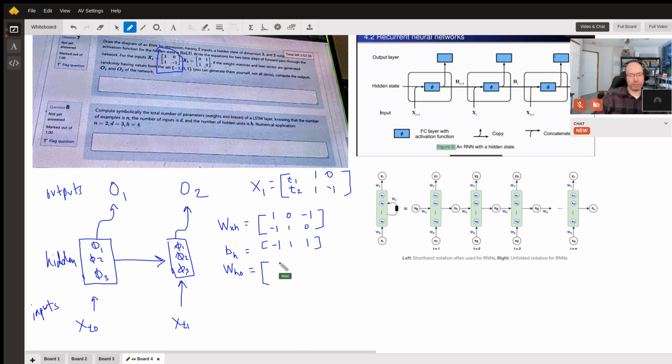So let's say 1, -1, -1, 1, 0, -1, something like that. And then biases for your output, I don't know, let's say 1, 0.